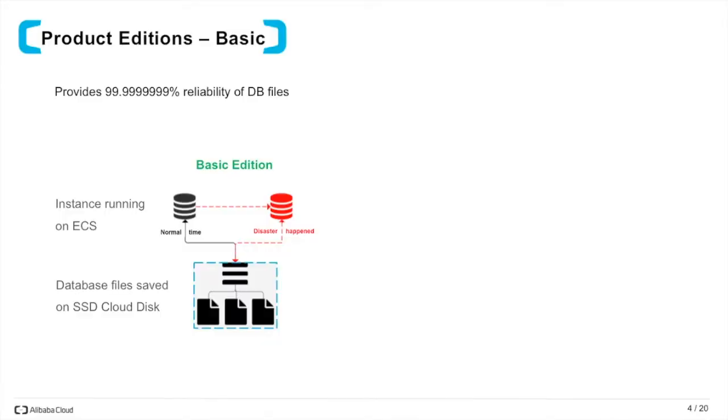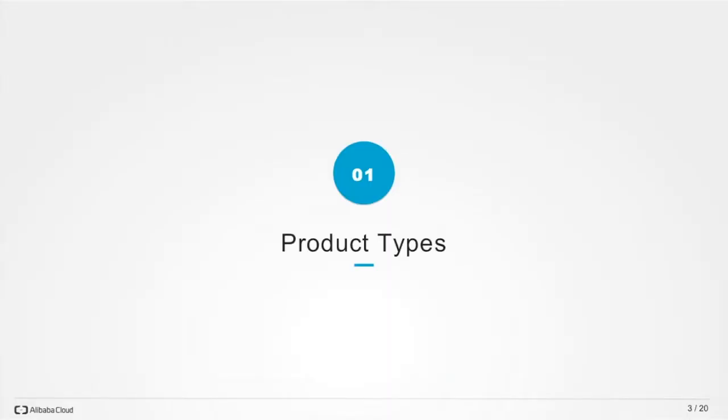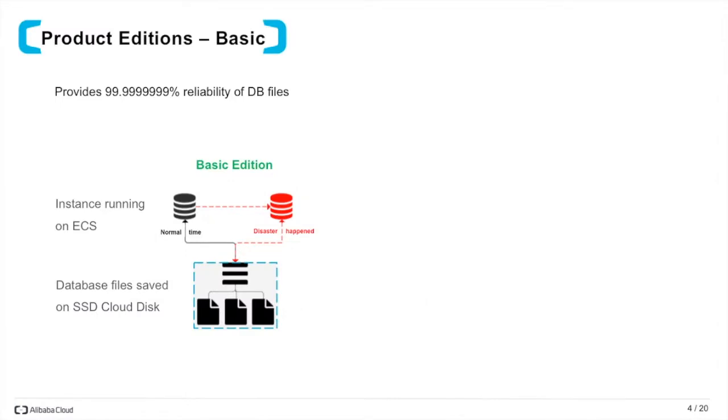There are currently two deployments of the SQL Server. One is basic series and the other is high available. One basic instance offers one server, and one high available instance offers two servers.